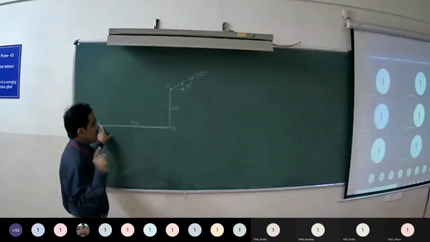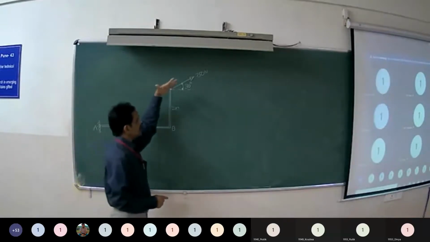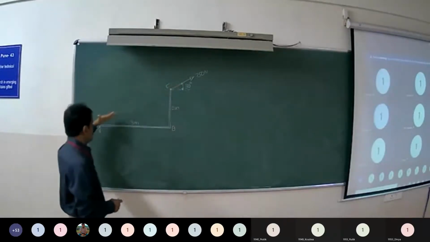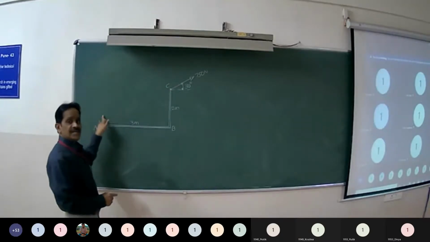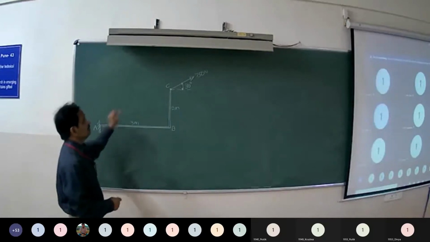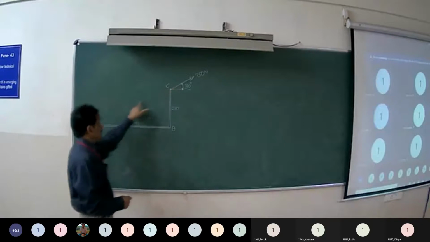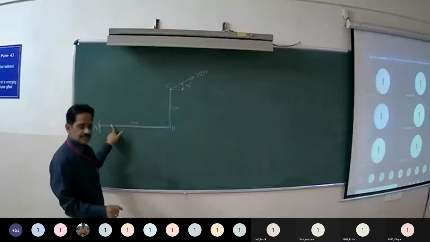As per principle of parallel transfer of forces, when a force is transferred parallelly from one point to another point, that force is accompanied by a moment or couple whose magnitude is the product of force and the perpendicular distance between the lines of action of the forces.